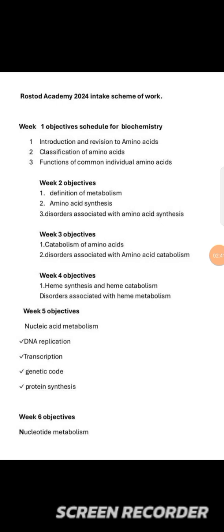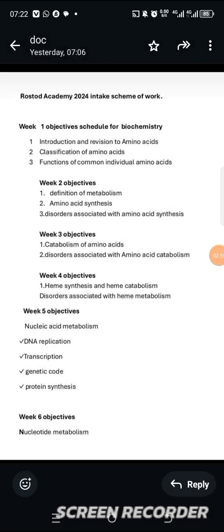Here we start with amino acid synthesis. Then from there, we talk about disorders that are associated with amino acid synthesis. As with every other synthetic part, after that we do the disorders that can be associated with the synthesis.